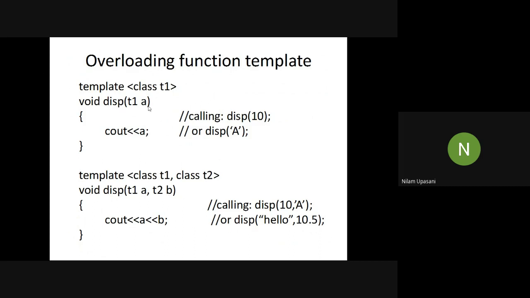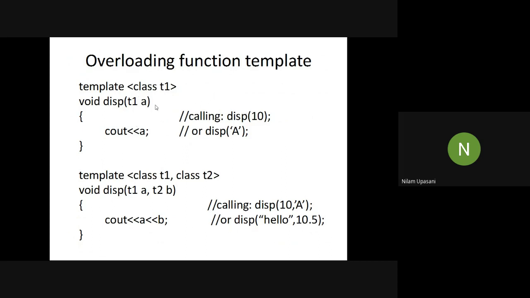If the requirement changes so that each time I may call the display function with a different number of input parameters, here I'm calling the display function with only one argument. Here I'm calling it with two arguments. If this type of situation is there, in that case you need to overload the function template.